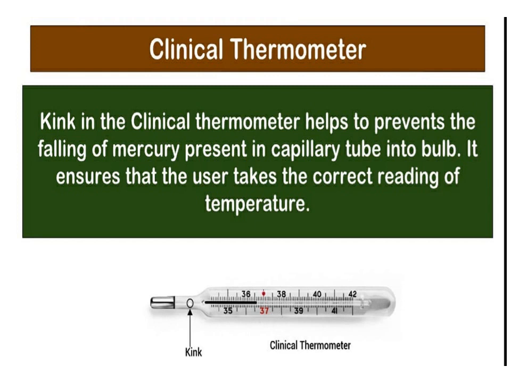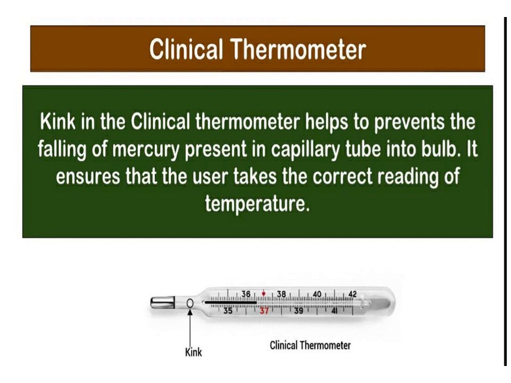And there is a dot-like structure given here also, that is known as the kink. Okay, so the kink prevents the mercury from falling back to the bulb so that we can do the reading of the thermometer. It ensures that the user takes the correct reading of temperature.